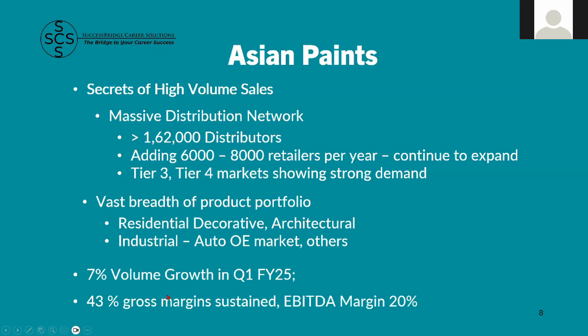And some of the numbers bear them out. 7% volume growth in quarter one, this recent quarter that has gone by, quarter one of FY25. 43% gross margins, on a sustained level, and EBITDA margin of 20%. So you see the strength of the distribution network has a very large role to play in growth.